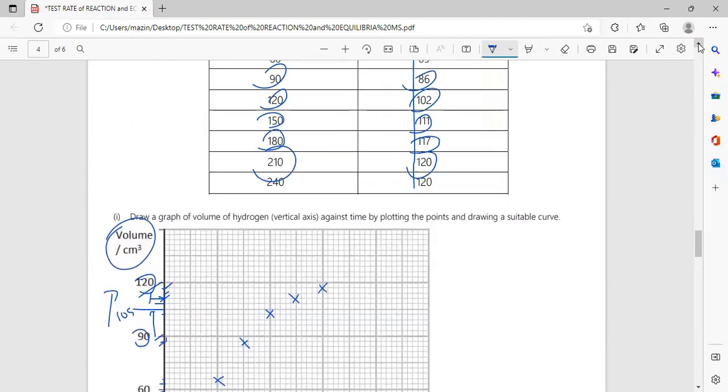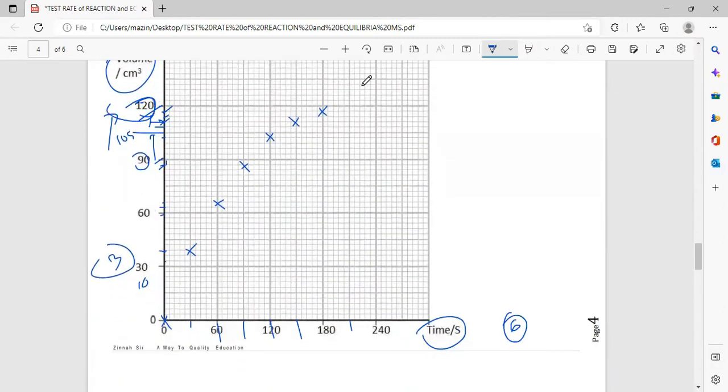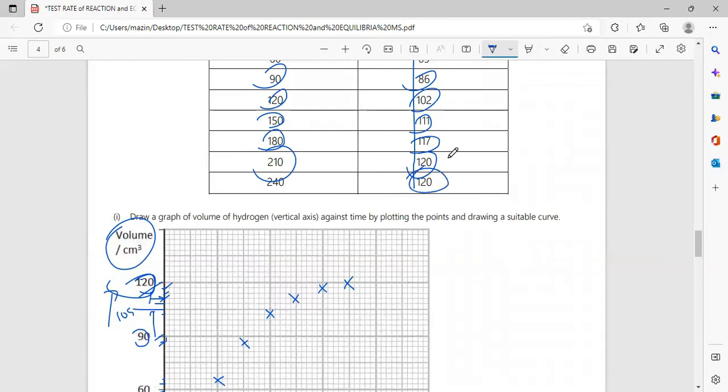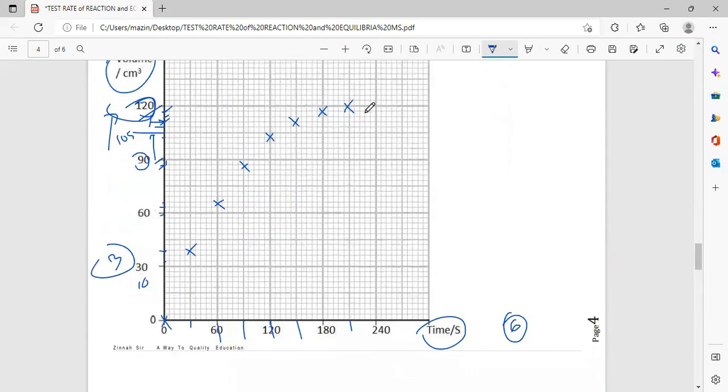And what's the other thing? 120. 120 is here. And the next reading is the same at 240.